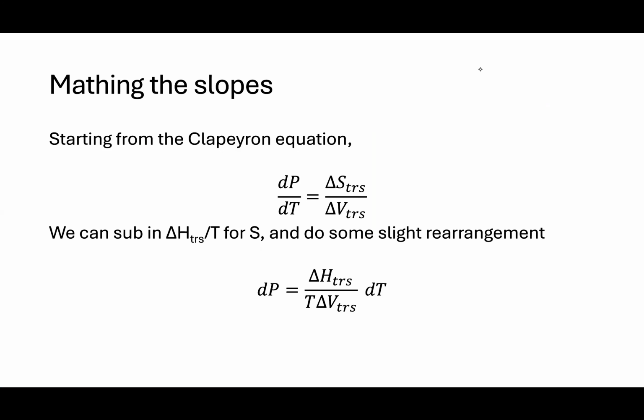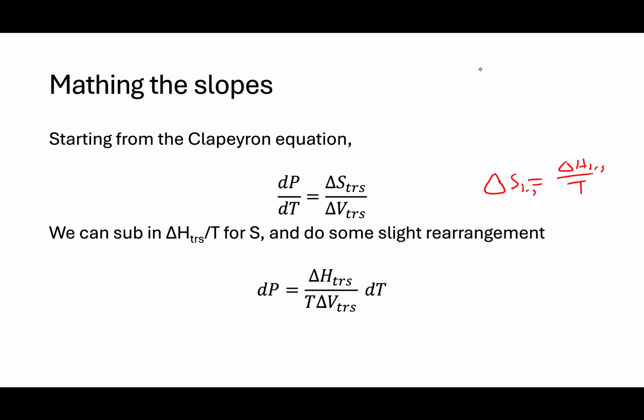Now, if we wanted to do actual math for our slopes, we're going to start with the regular Clapeyron equation. Delta S is kind of a pain to measure sometimes. So what we can do is remember that delta S is equal to delta H over T, and we're in a particular transition, these are all TRSs.